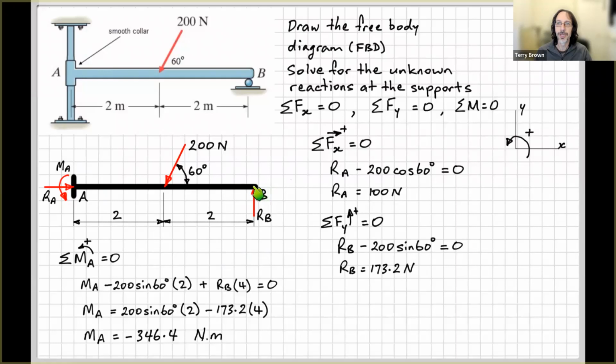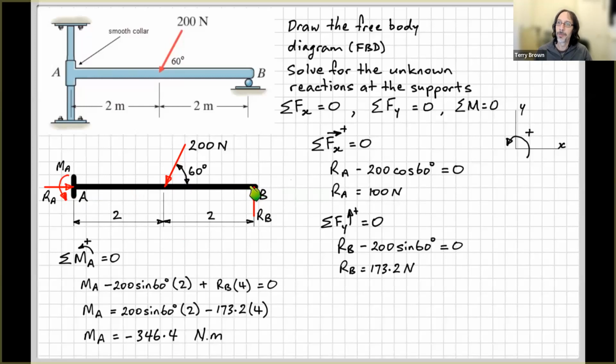Okay, so going through that again, imagine taking moments about point B here, and you probably should do this as a check. I haven't done a check in this video solution, but if you redo the problem, take moments about B and solve for MA.